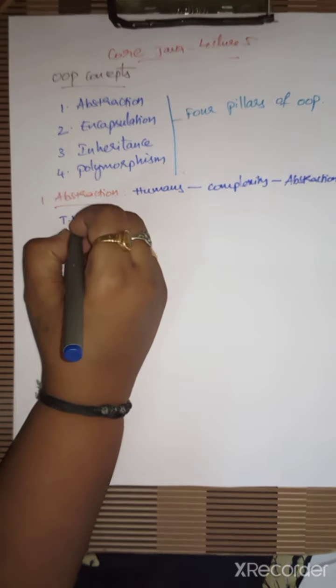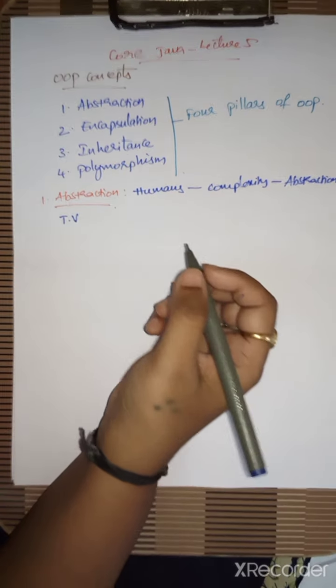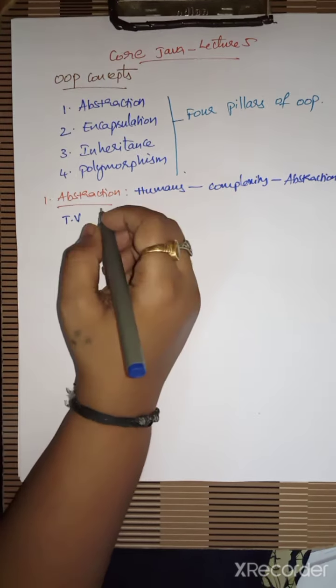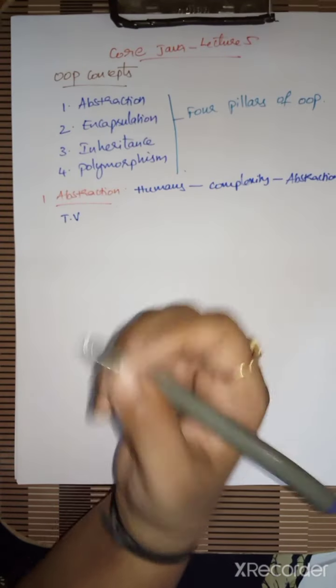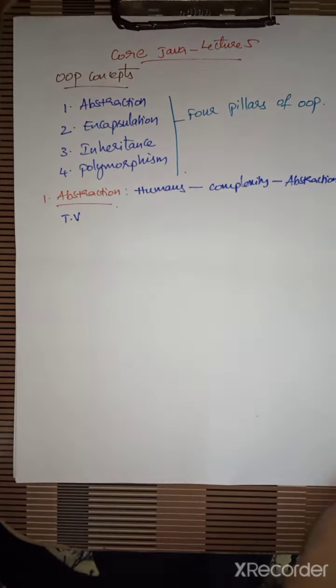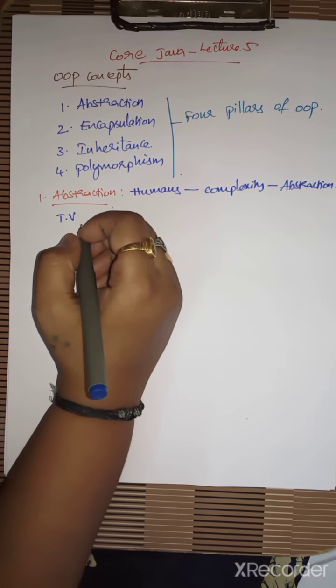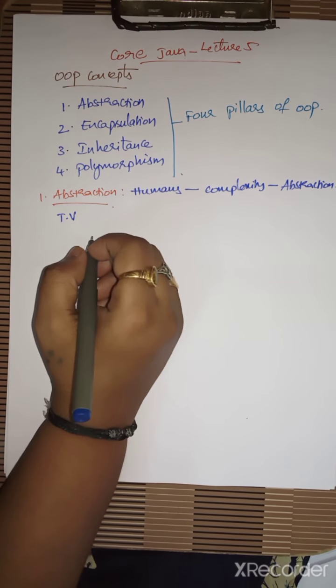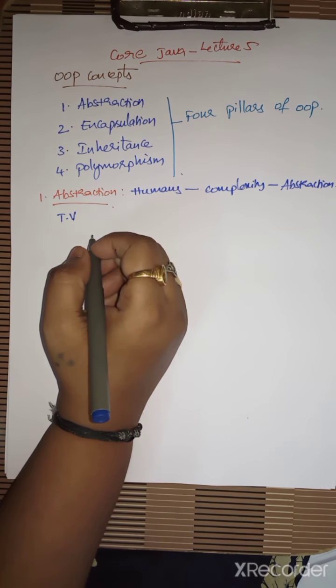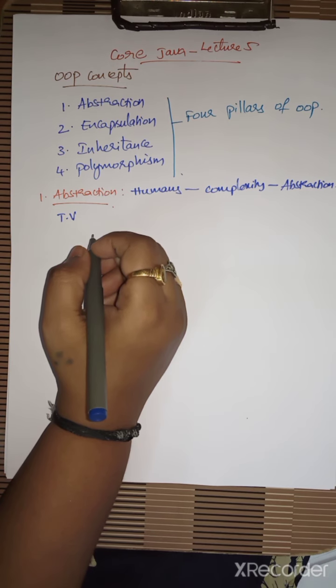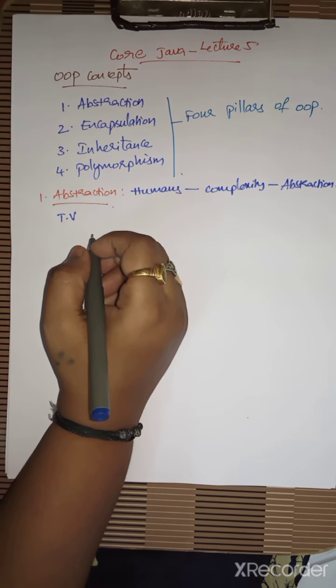All of us watch TV. Do we know all the internal parts of the TV and its internal mechanism and operations? No. So all the complex implementation details are hidden, and we are able to watch the TV by just switching it on and off using the on and off buttons of the TV.